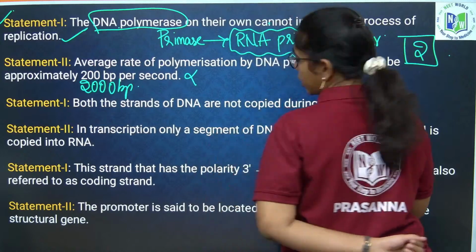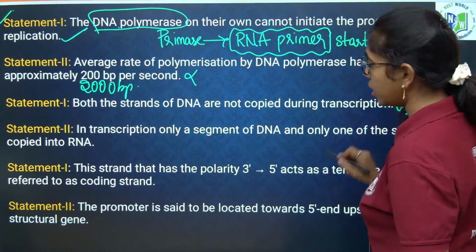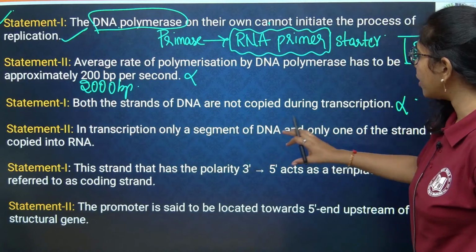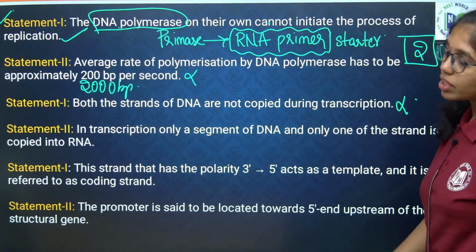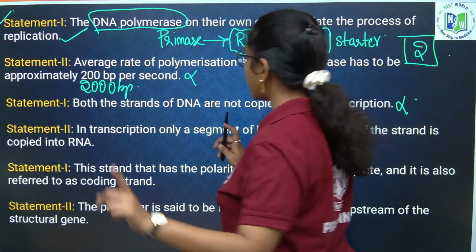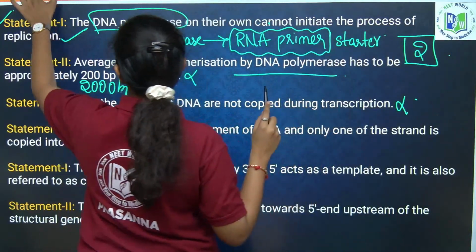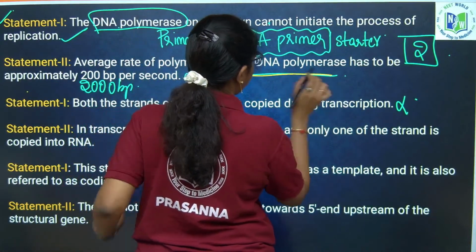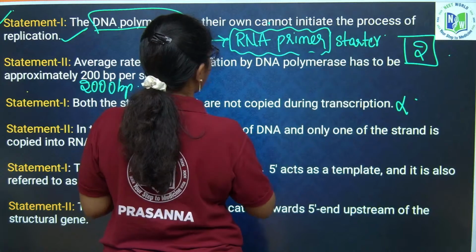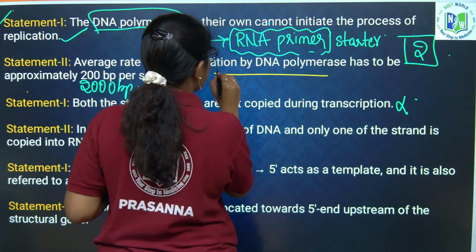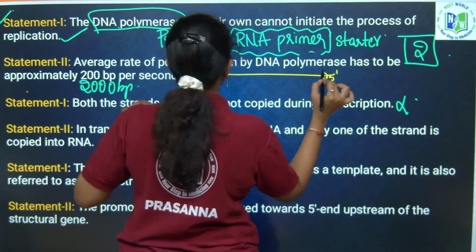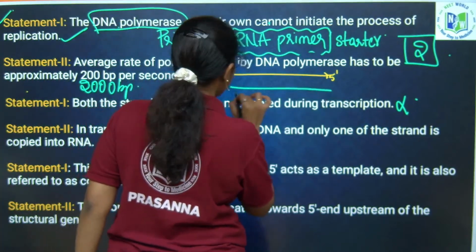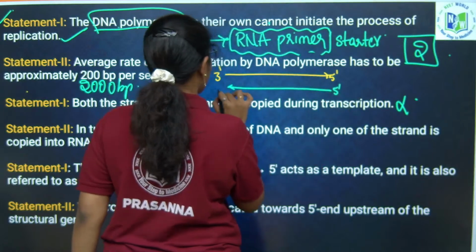Next, both the strands of DNA are not copied during transcription, correct? Only one strand is copied, right? Not both the strands. In transcription only a segment of DNA and only one of the strands is copied. Let us take one segment, that is 3 prime to 5 prime, that is the template strand, and of course the leading strand, which is the continuous strand, will be from 5 prime to 3 prime.